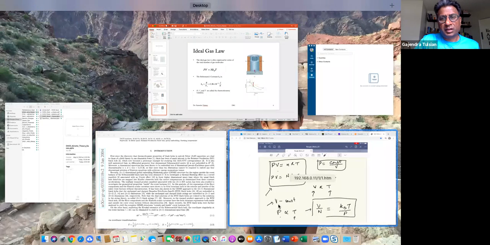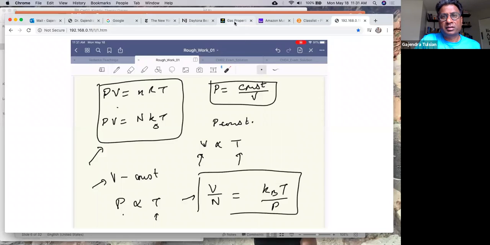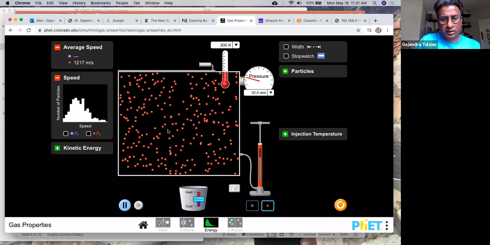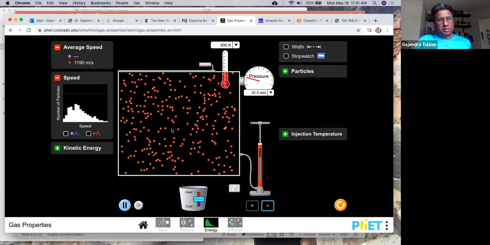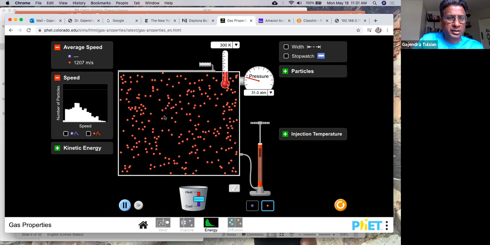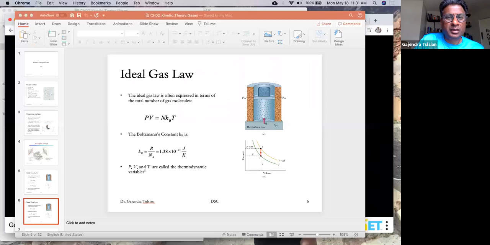Here's the surprising, amazing thing about it: you have a trillion molecules, and the behavior of a trillion molecules in equilibrium is described by just a handful of thermodynamic parameters. That's the neat thing about it.